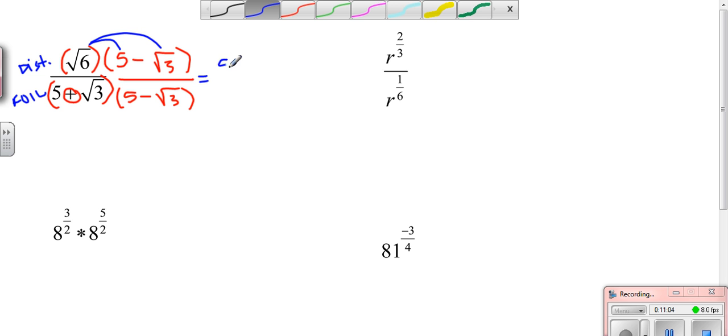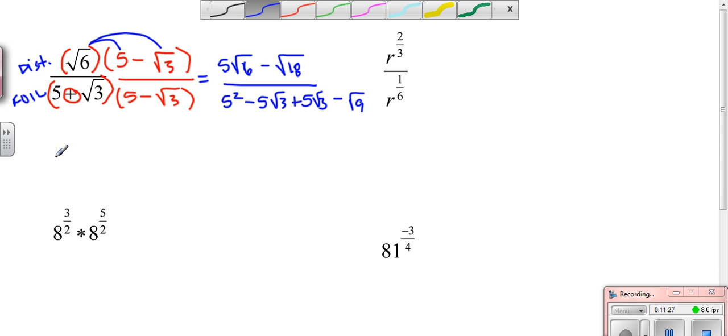So in the numerator, I have 5 square roots of 6 minus the square root of 18 all over 5 squared minus 5 square roots of 3 plus 5 square roots of 3 minus the square root of 9.